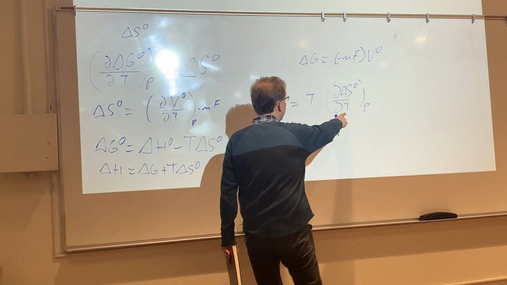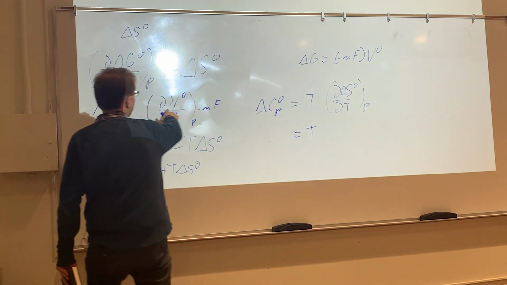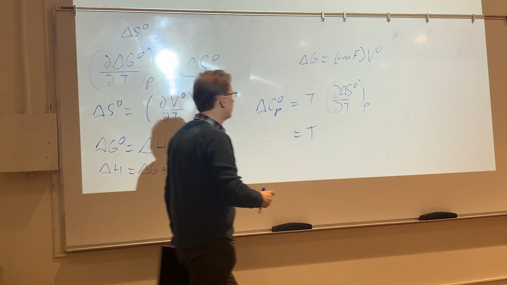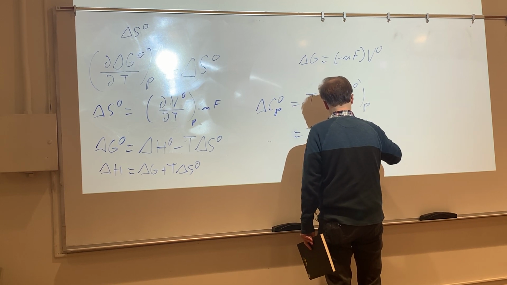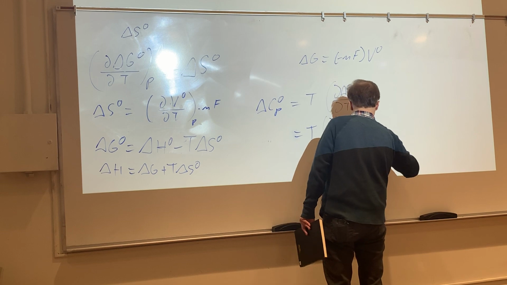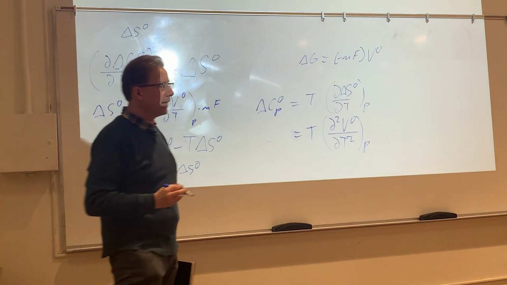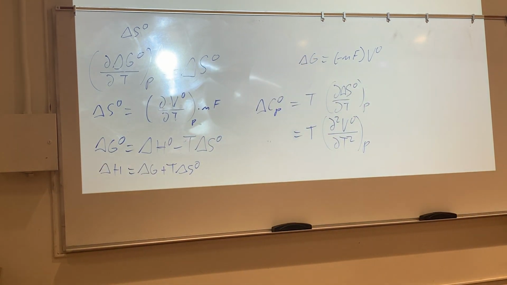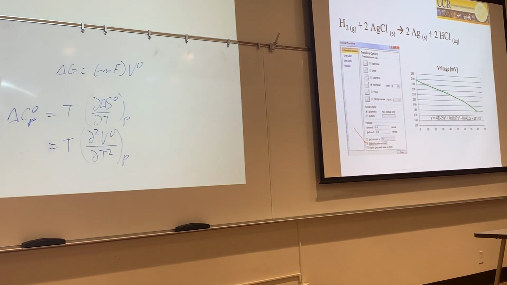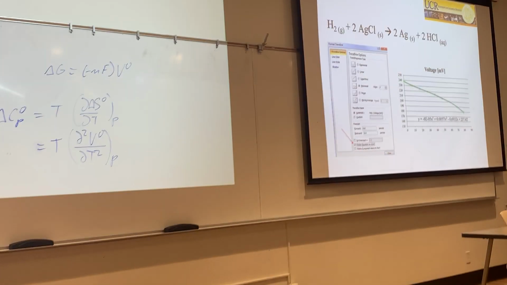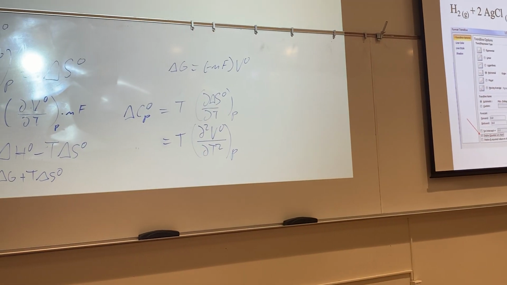So this is T times, and this delta S was already dV, so d squared V0 by dT squared, still at constant pressure. So you just make the second derivative of this function over here, and you know the change of the heat capacity of your battery in consequence of having the Daniell reaction, or whatever reaction you're looking at.